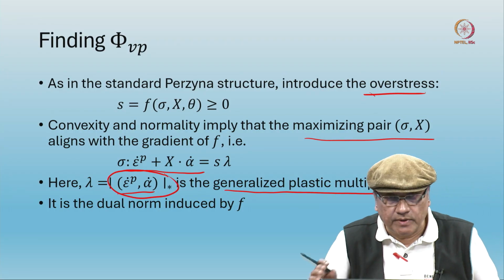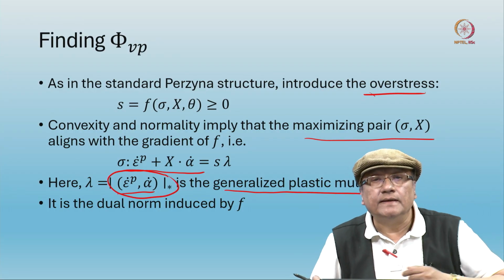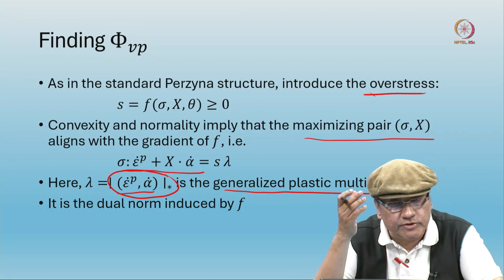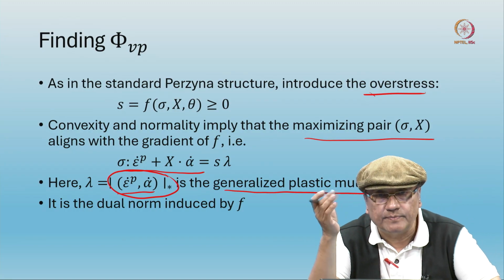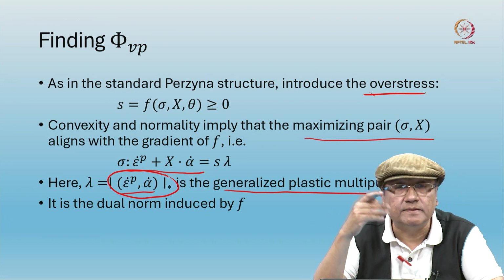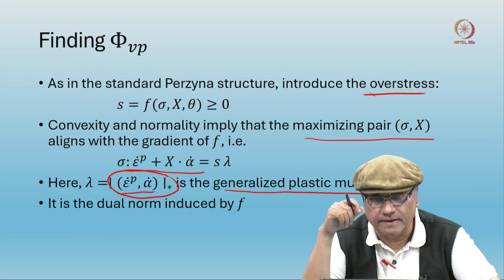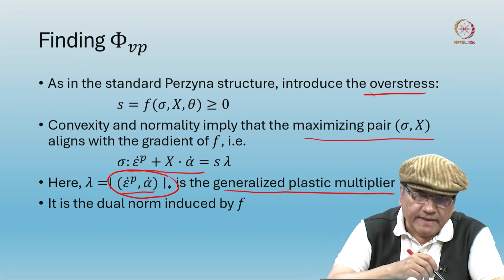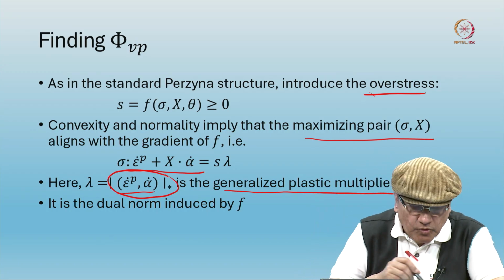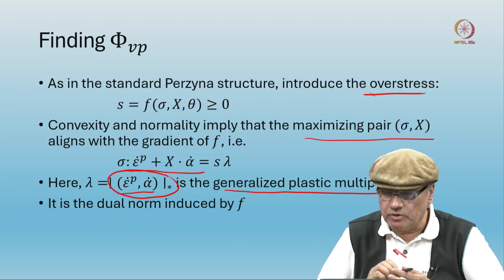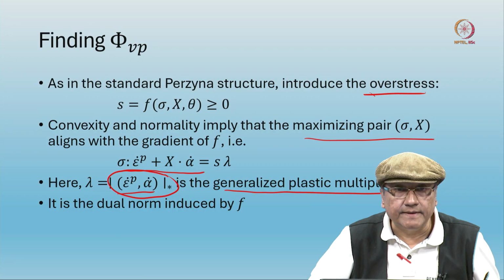I will explain what this dual norm is soon. Okay. So, this is the dual norm. You remember that in the usual perfect plasticity, the norm of epsilon p dot itself is sometimes called the plastic multiplier. So, here that is generalized to a more general statement, where it is not just epsilon p dot, but also alpha dot that comes into play.